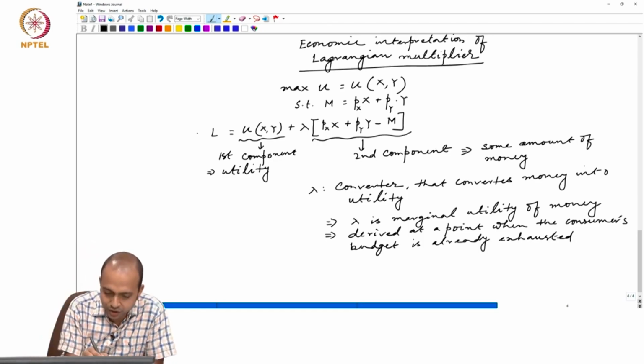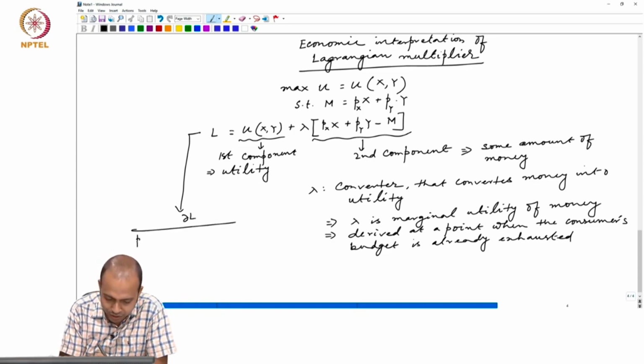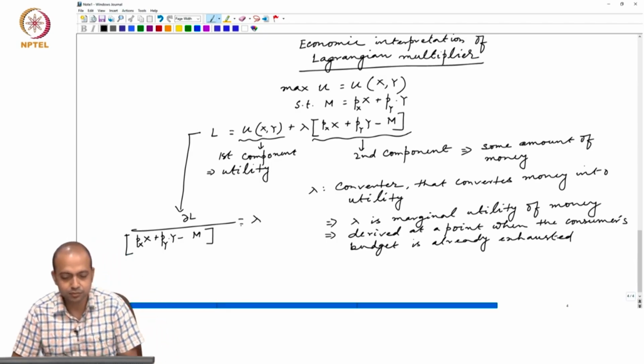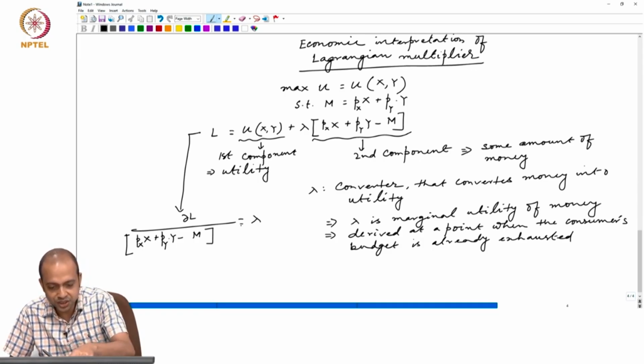Okay. So, how will you get that interpretation? You differentiate this Lagrangian with respect to the entire budget, Px into x plus Py into y minus m, and you will get lambda. So, what am I doing? Change in the Lagrangian with respect to the change in the entire budget.